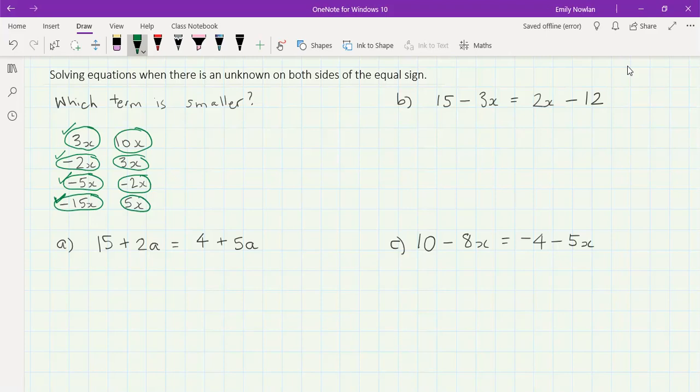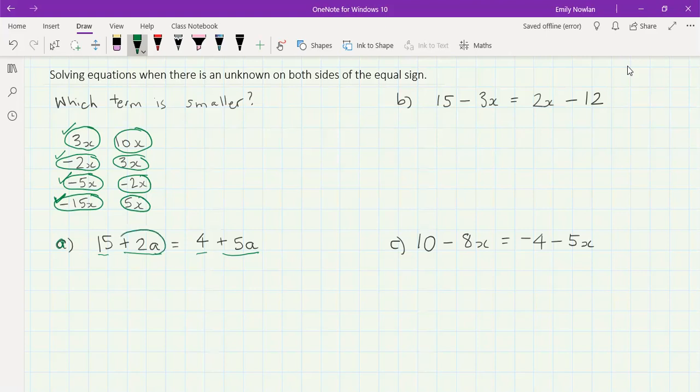So why I've done that is because when you come to a question like question A, you've got 15 plus 2a equals 4 plus 5a. I've just used an a because it can be an a or an x or anything. The pronumeral is the unknown. Now you've got two unknowns in this equation.